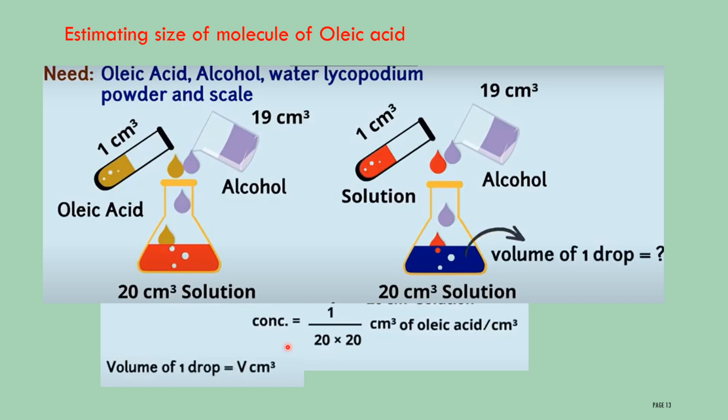Therefore, concentration will be equal to 1/(20×20) cm³ of oleic acid per cm³. Then consider the volume of one drop to be V cm³.